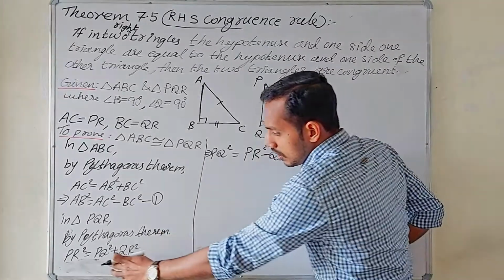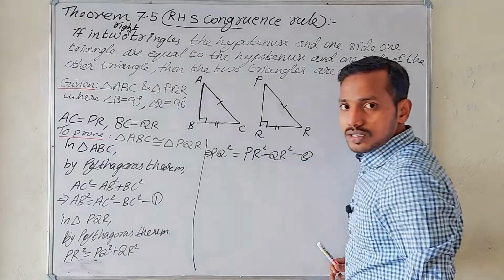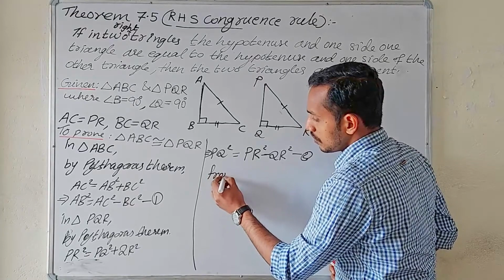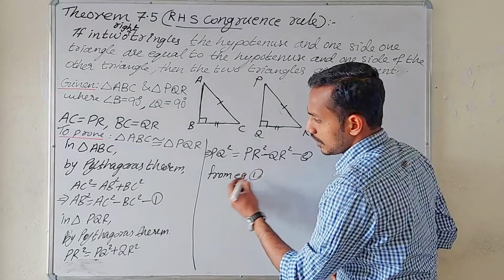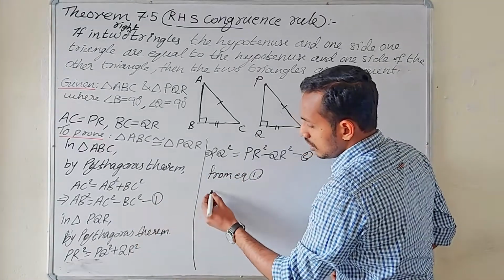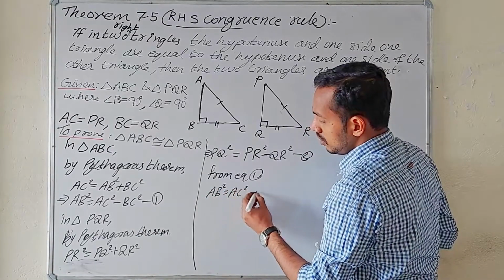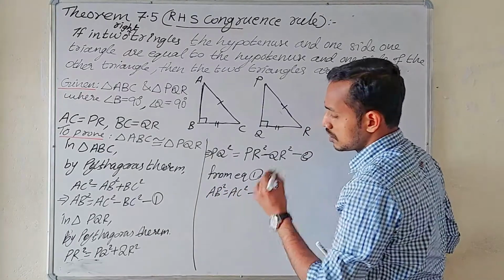Now comparing these two equations, from equation 1, what is equation 1? AB square is equal to AC square minus BC square.